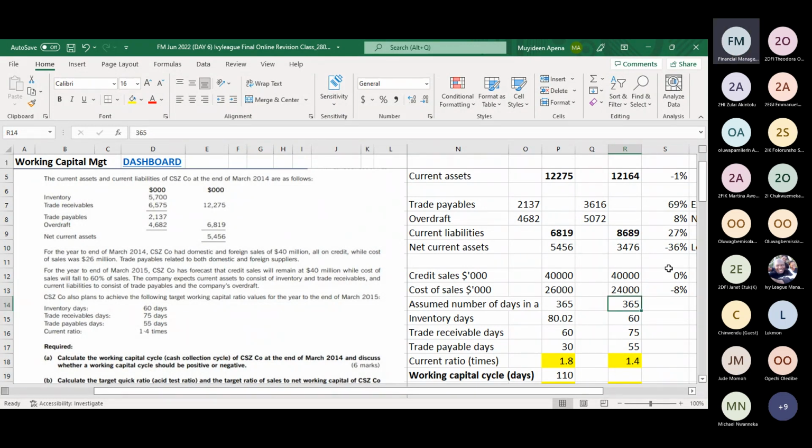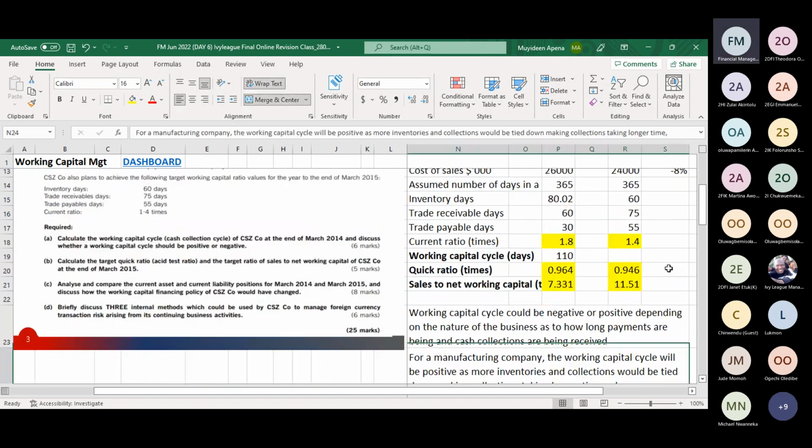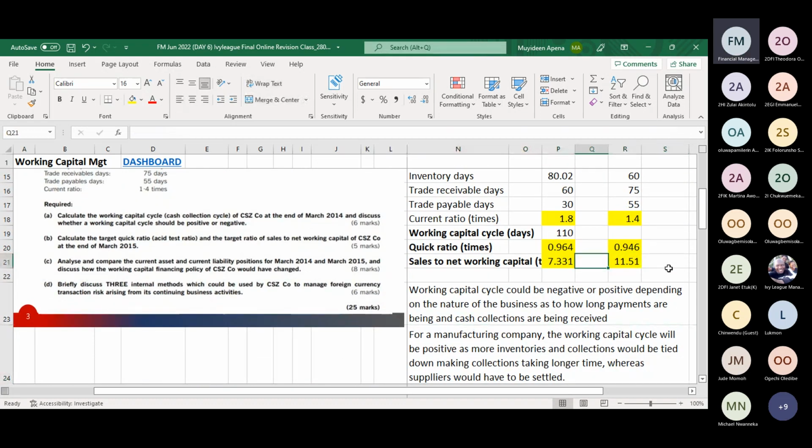When you need less of long-term capital, it means you are not focusing on liquidity, because long-term capital focuses more on liquidity. So that is why this is dropping, and that means this company is changing from conservative to aggressive.